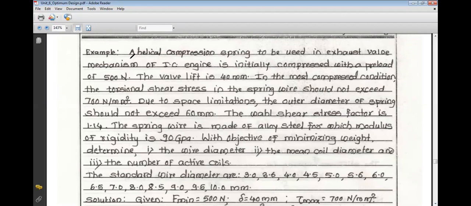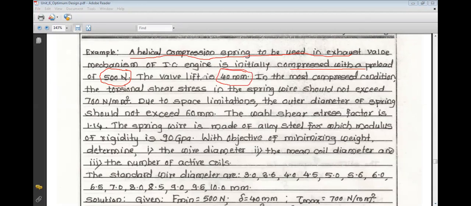A helical compression spring, used in an exhaust valve mechanism of an IC engine, is initially compressed with a preload. The preload is given as 500 Newton. The valve lift is 40 mm; we can say deflection or displacement.